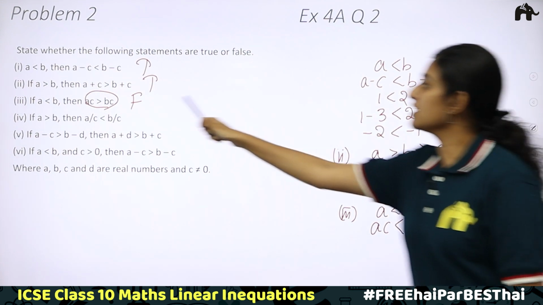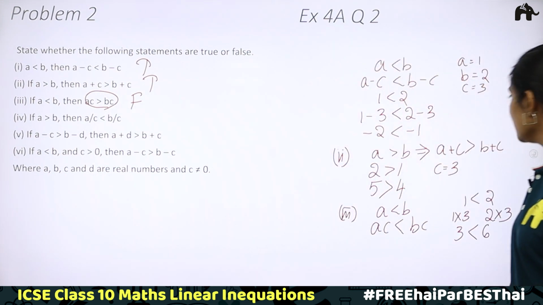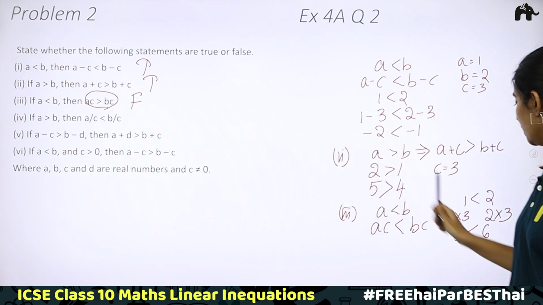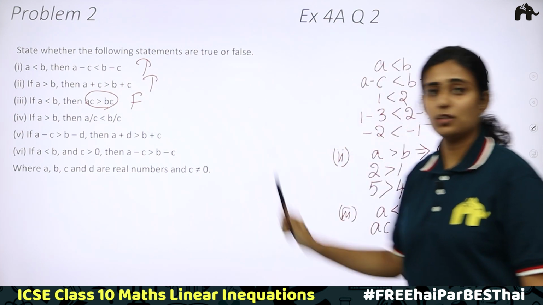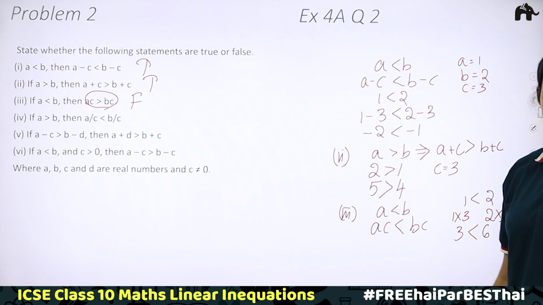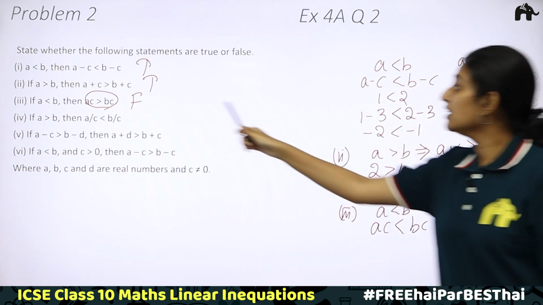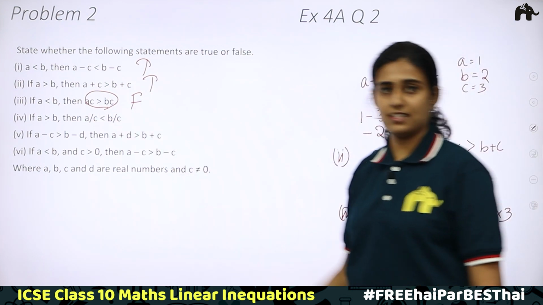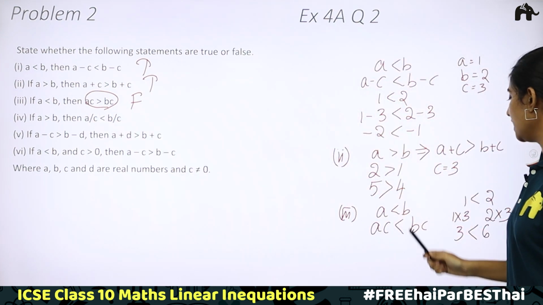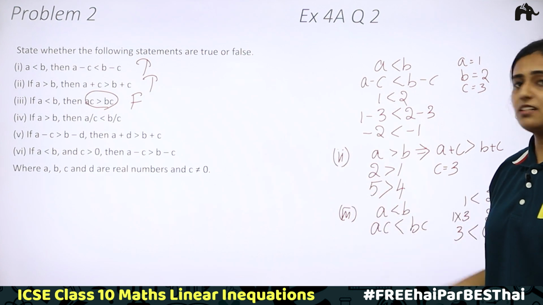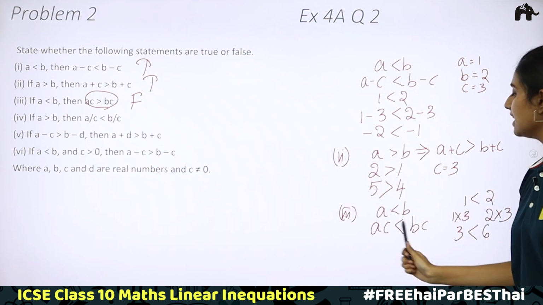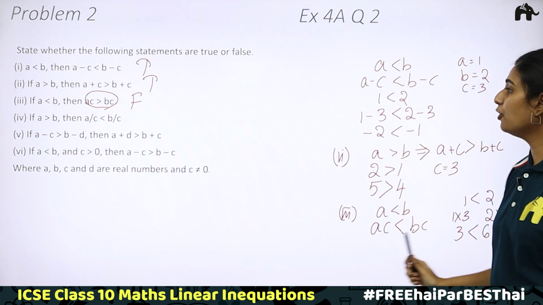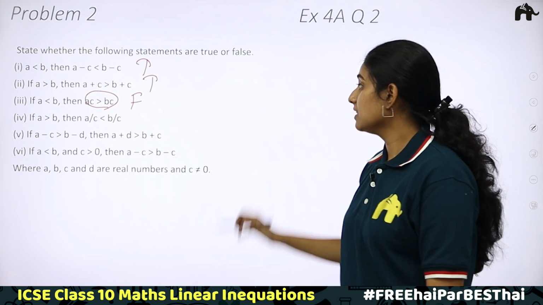But according to this condition, we will be getting AC is equal to 3, BC is equal to 6, 3 greater than 6. Hence, this statement is false. It is not obeying the given statement. According to the statement, you have to get AC greater than BC. But we are getting AC less than BC. Now, the fourth question.